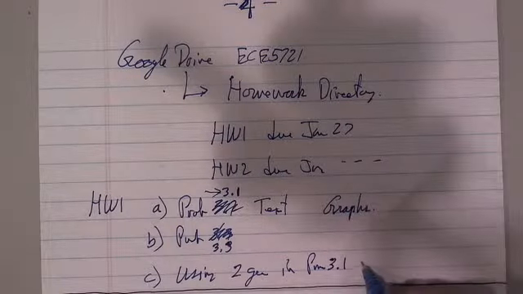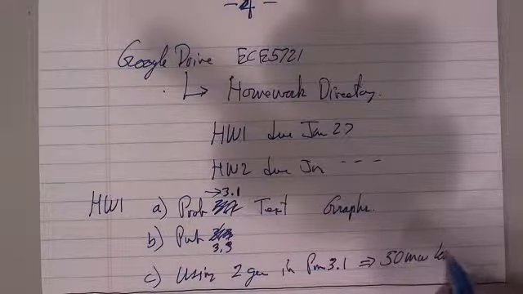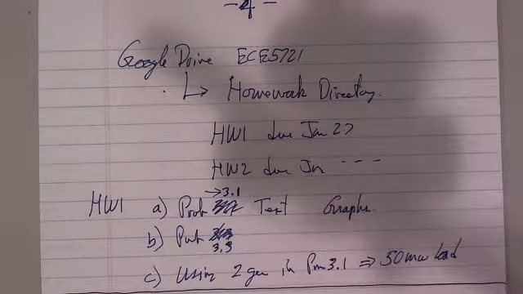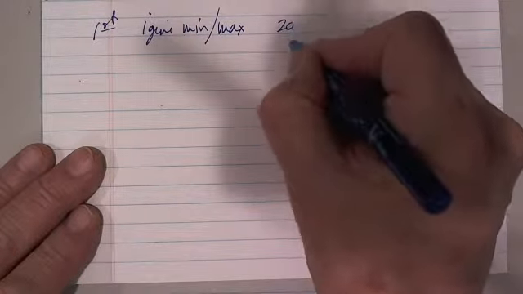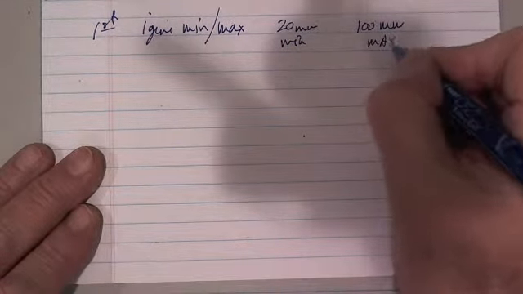And they're going to load to 50 megawatts of load supplied by those two generators. And this is the way I want you to solve it. First, ignore min max, which for those generators are 20 megawatts min and 100 megawatts max.